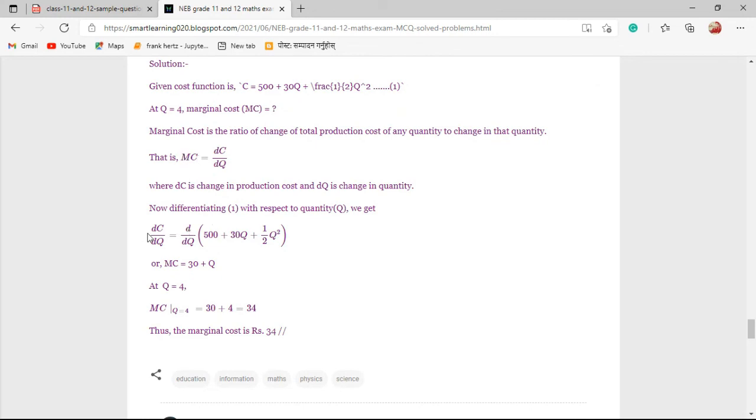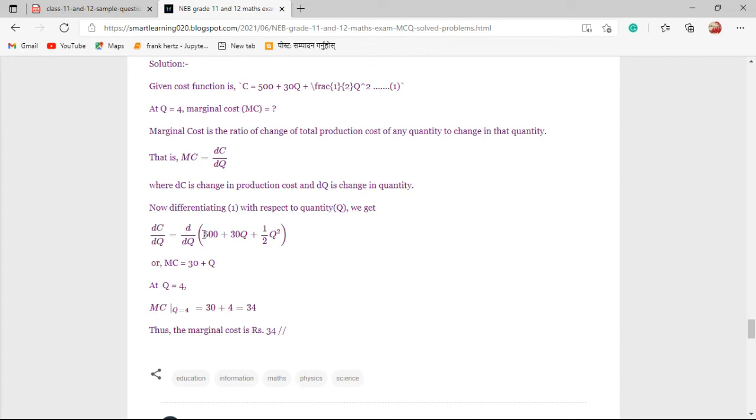So DC by DQ, we have to find first, is equal to D by DQ of the given value of C, and then after differentiating this one, this is the calculation of derivative.